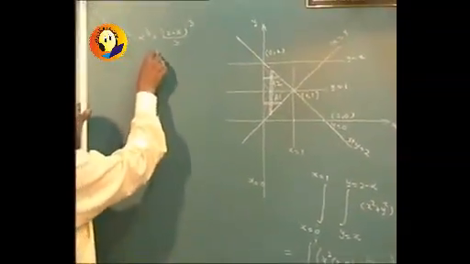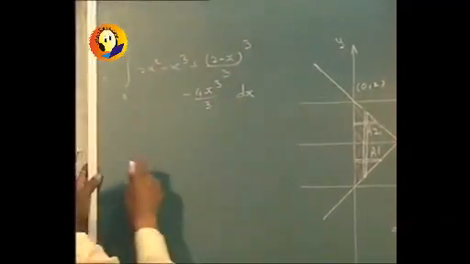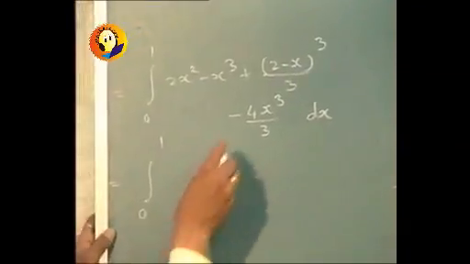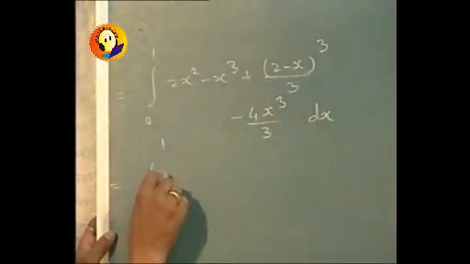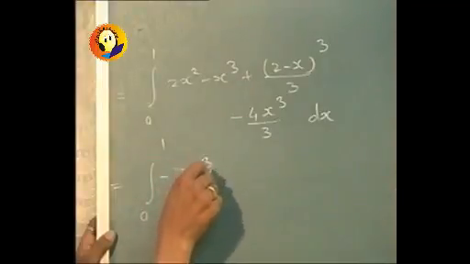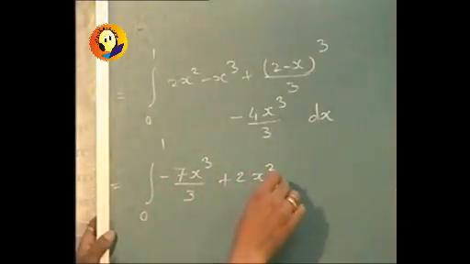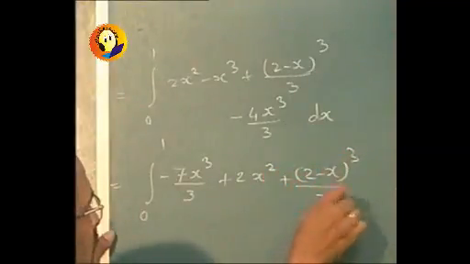So it is minus 4x cube by 3 dx. So for integration now we have integral 0 to 1. This is minus 4x cube by 3 and minus x cube will be minus 7x cube by 3 plus 2x square plus (2 minus x) cube upon 3 dx.